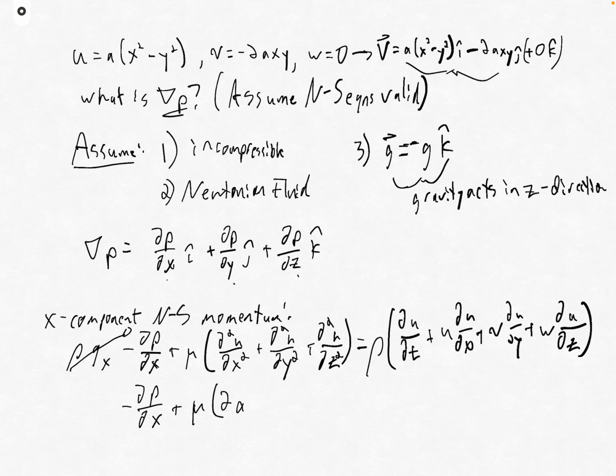If we take the second derivative of u with respect to y, we're going to get minus 2a, plus the second derivative of u with respect to z. And we see there's no dependence of u on z, so it's plus 0.